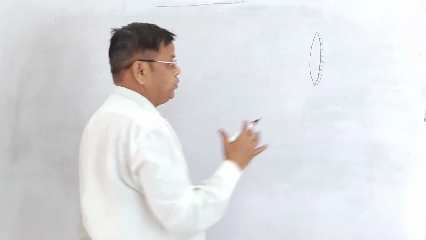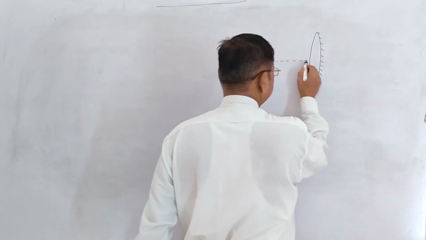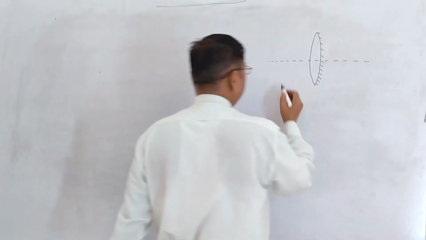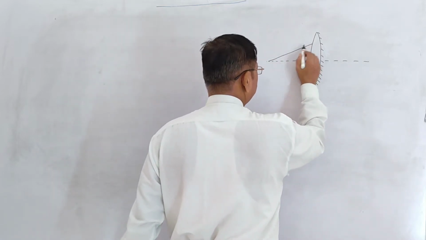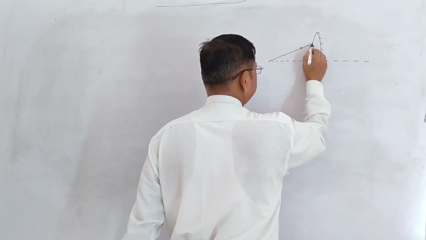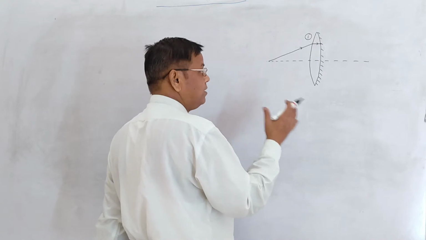If light is incident on this, a refraction occurs here. One refraction means this part is behaving like a lens.